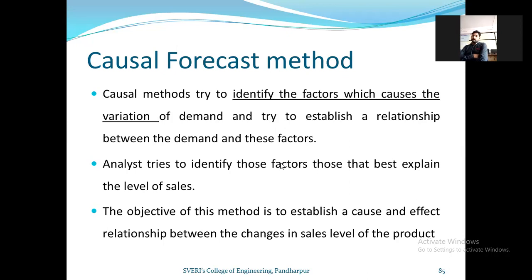The objective of this method is to establish a cause and effect relationship between the changes in sales level of the product. Okay, full stop.